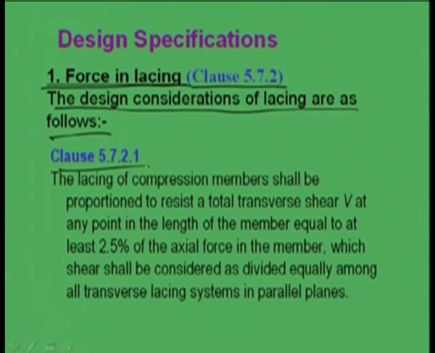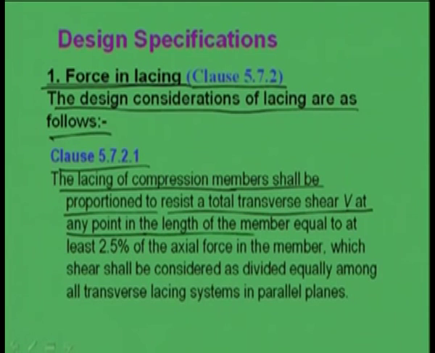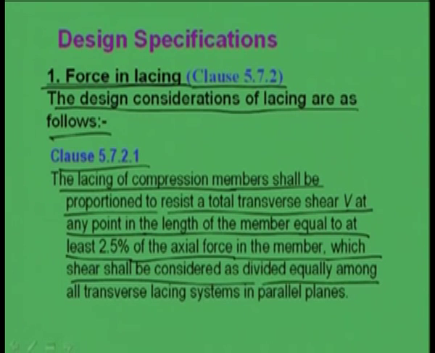In clause 5.7.2.1 it is told that the lacing of compression members shall be proportioned to resist a total transverse shear V at any point in the length of the member equal to at least 2.5% of the axial force in the member, which shear shall be considered as divided equally among all transverse lacing systems in parallel planes.